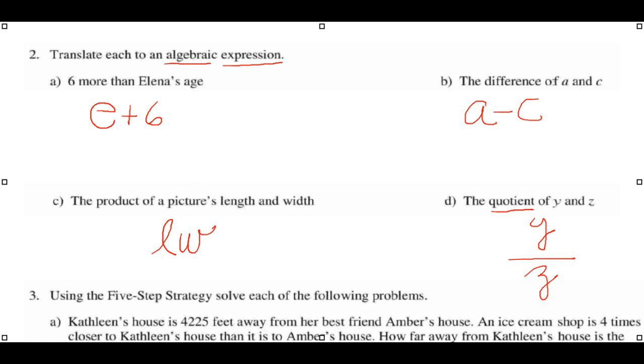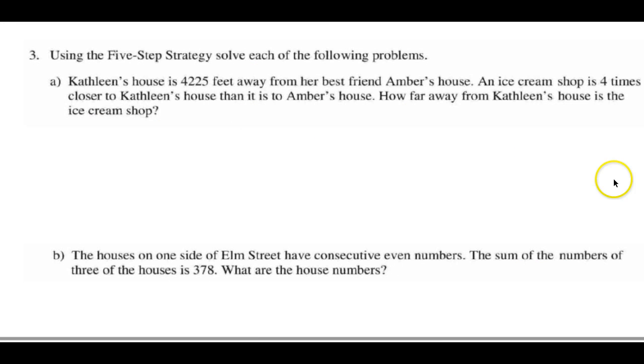All right, let's move it up. So as we read this one, we're going to pause it and let you read it a couple of times. Now, what do we know? Well, this is some sort of distance, so I would suggest you make a line to indicate the distance.